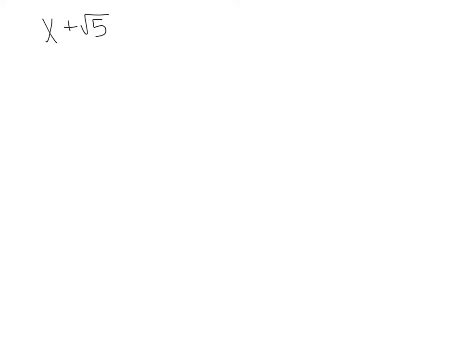Okay, let's do a little rewind right now. Way back in lesson 29, we learned about conjugates. If we had a radical expression like x plus square root of 5, the conjugate is x minus the square root of 5.